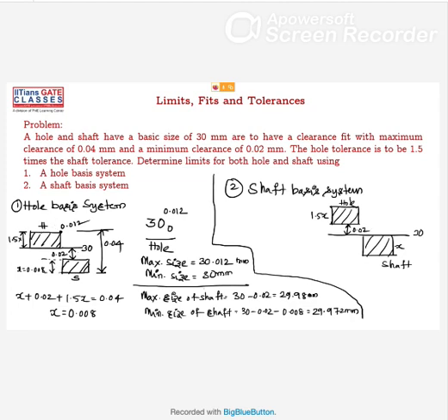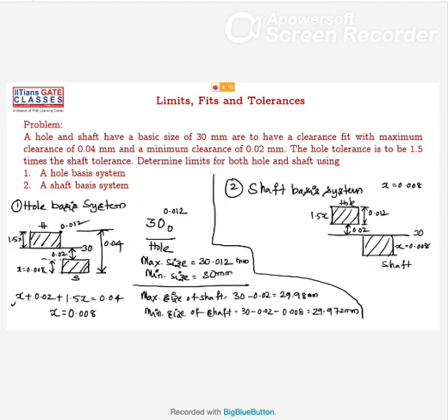With this you can calculate the same equation, that is X plus 0.02 plus 1.5X equals 0.04. So X will be 0.008, and the dimension of this will be 0.012. Let me erase and write, so there is no confusion.